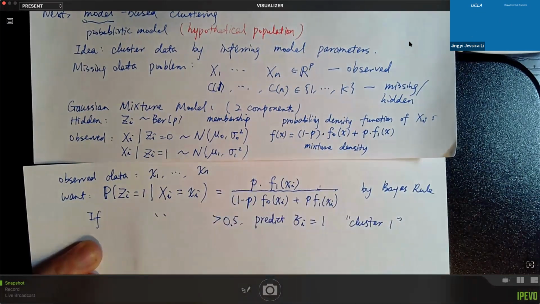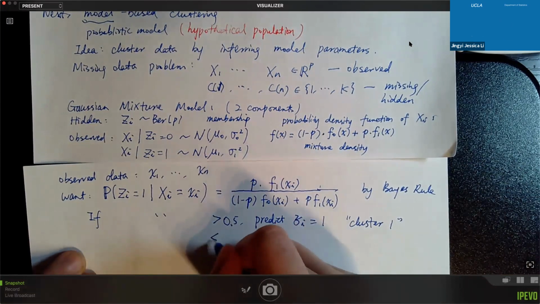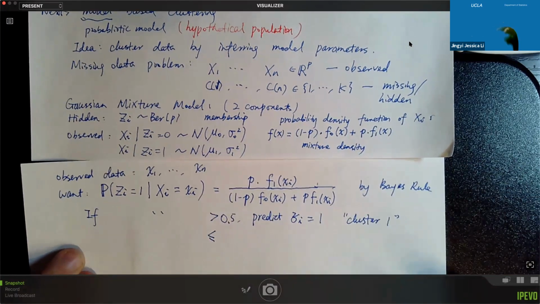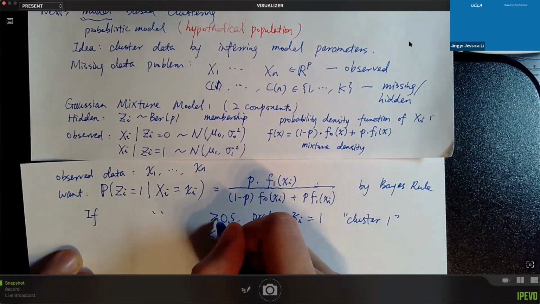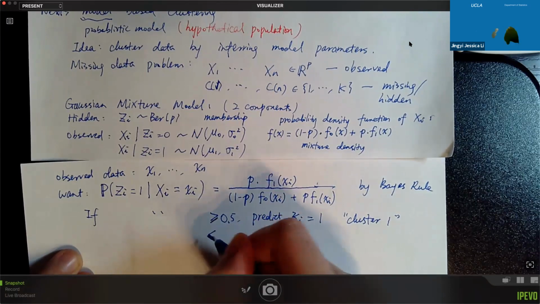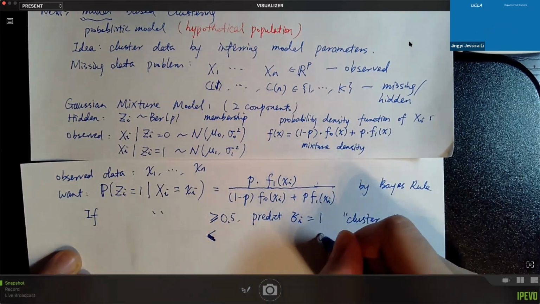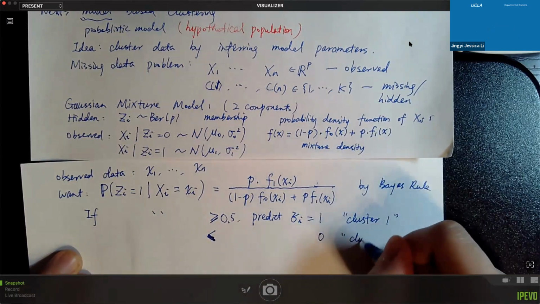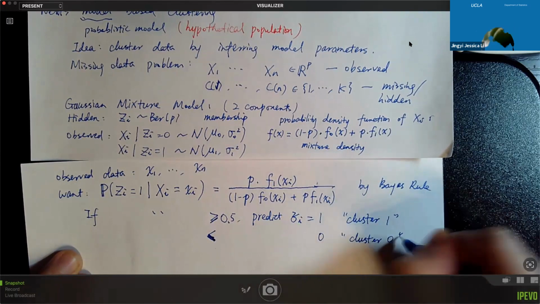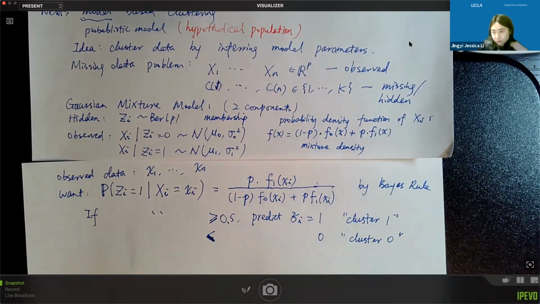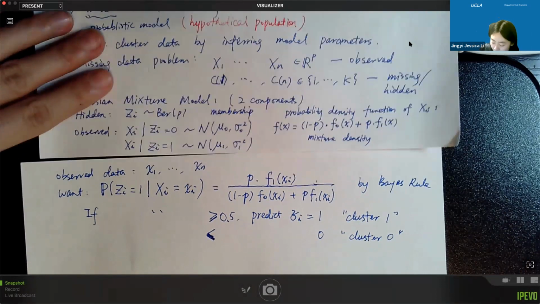And otherwise, if this is less or equal than 0.5, or you can put the equal sign either part, that doesn't matter that much. Usually it will not be exactly equal to 0.5. You predict zi equals 0, which means that you put the data point i into cluster 0. So doing so, you can divide your data points into 2 clusters using this probability approach. So it seems to be straightforward.